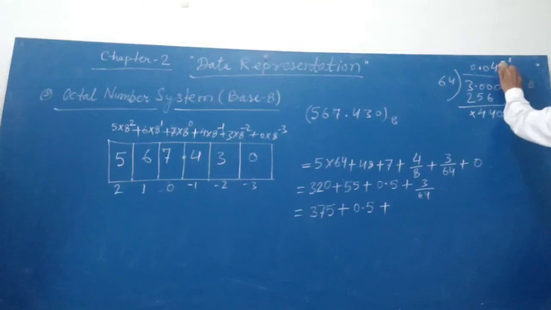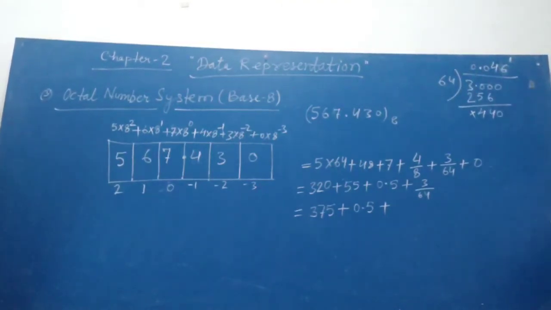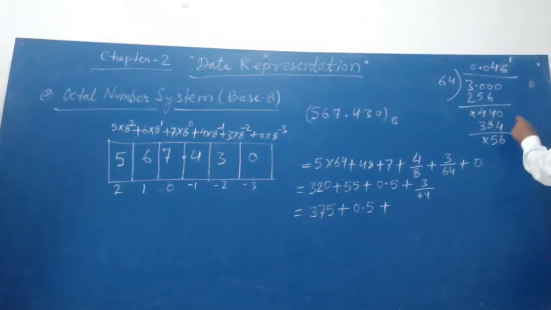We divide by 6: 6 times 4 is 24, 2 will carry; 6 times 6 is 36, and 2 is 38. Suppose we again put a 0 and calculate.